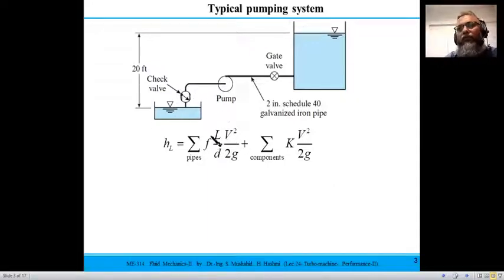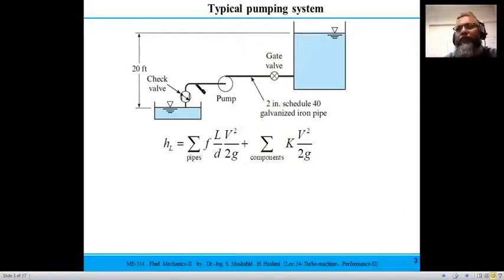So that head loss would be higher if the length is higher or the diameter is smaller, or if f, the Darcy friction factor, is higher. The Darcy friction factor is a function of Reynolds number, so you work out the sum of the losses in the piping system depending upon the number of pipes involved.